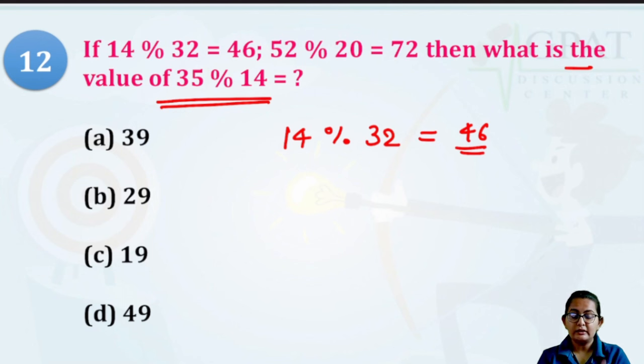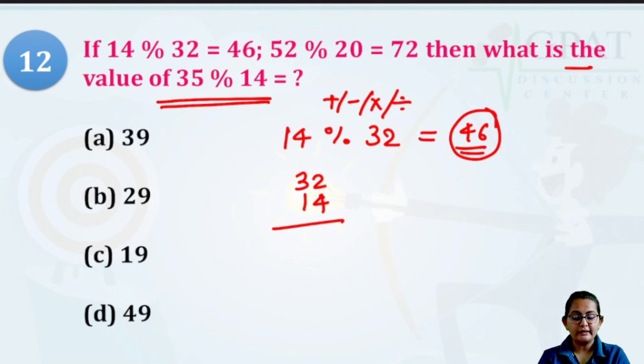Try everything, plus, minus, multiplication, division or a mixture of these, and then check in which terms you will get 46 as the answer. If I take 32 plus 14, then you can get 46 as the answer. That means that percent is representing here a positive sign or addition.